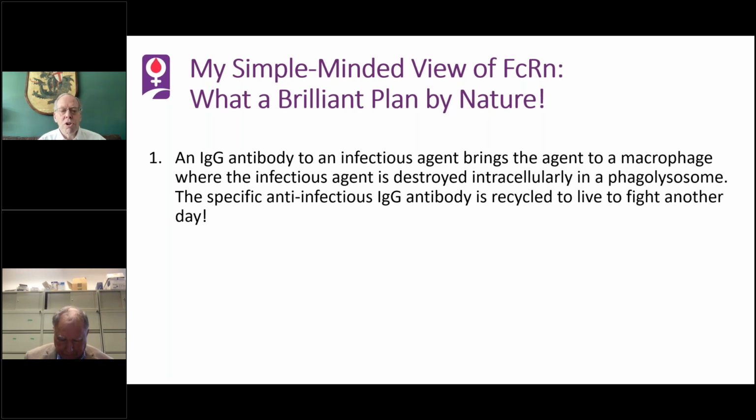It goes into an acidic phagolysosome. The infectious agent is destroyed, and the specific anti-infectious IgG antibody is recycled so it can go out there and bind to another organism. And I thought that was the best thing I'd ever heard.